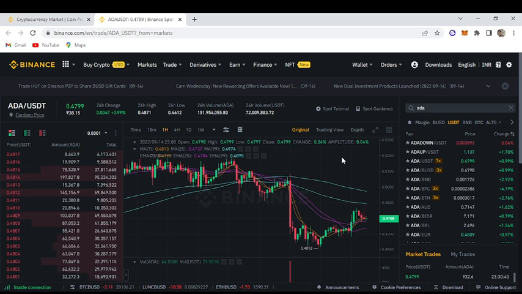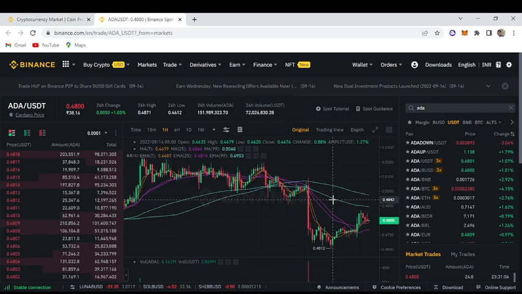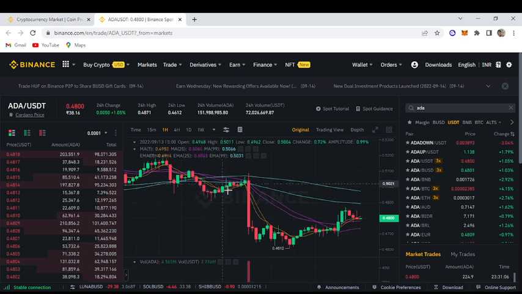So currently ADA per USD is $0.48. The 24-hour change is around 0.97 plus. That's pretty impressive that it didn't dump while all the altcoins were bleeding, so that's a good sign. Of course it did some dumps, but it recovered a very good amount.